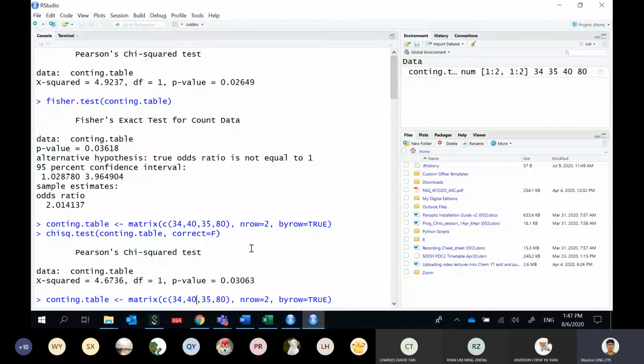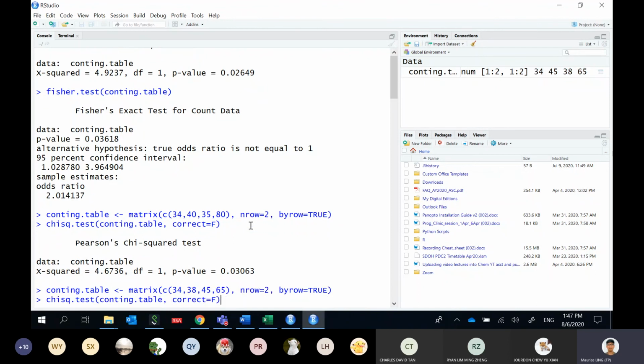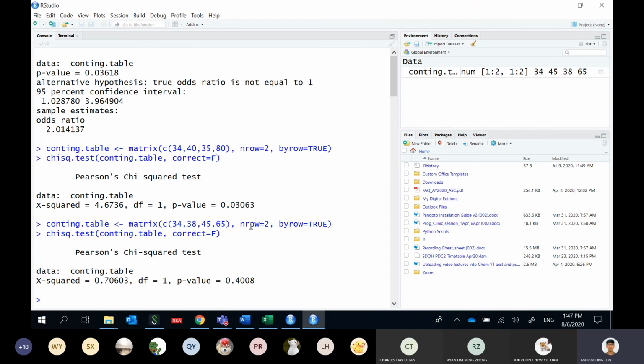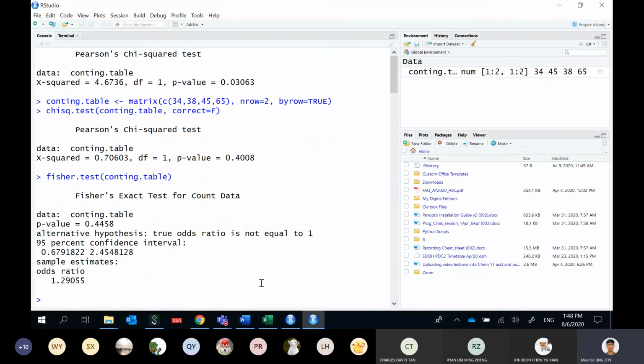So here maybe 38, 45, 65. 0.48, close enough. And if you do the Fisher exact test, this is still not good enough, but you can see it's getting closer. 65, maybe this we put down to 60.